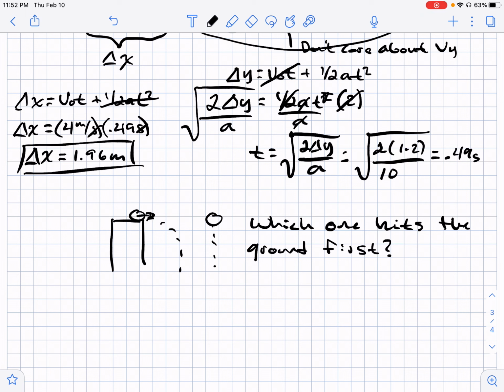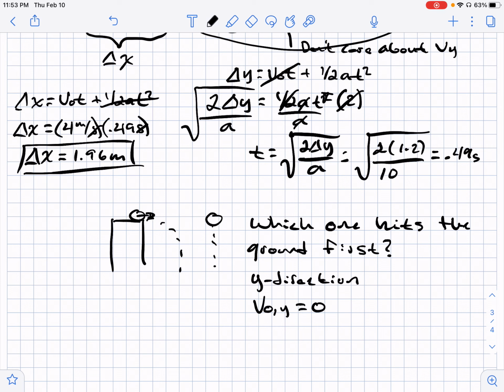Well, let's take a look. We're trying to see which one is going to hit the ground first. So what we're interested in is the information in the y direction. Because remember, the x and y directions are independent of each other. And for both cases, your initial velocity in the y direction is equal to 0.